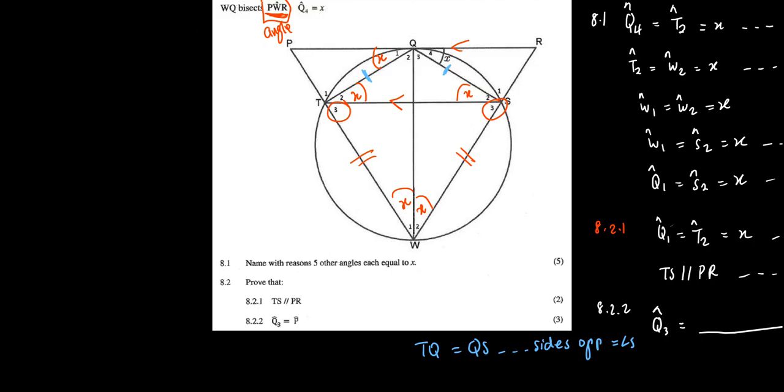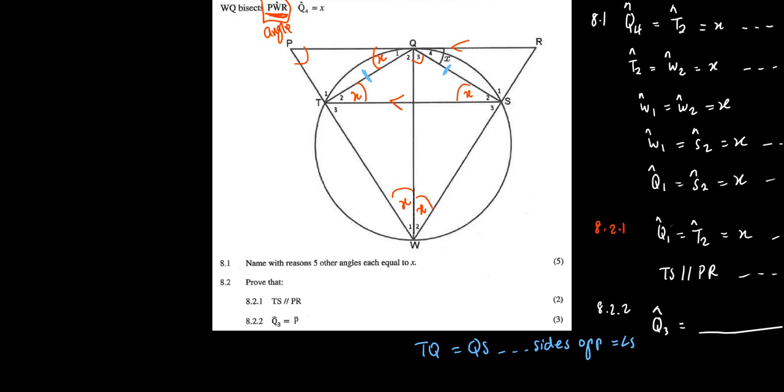And what the theorem is saying here is that we need to prove that Q3 is equal to P. Do you agree with that? Okay. We need to prove that Q3 and P are equal.